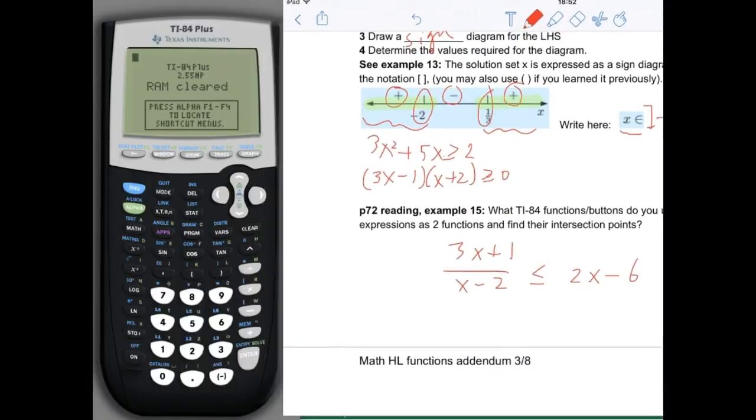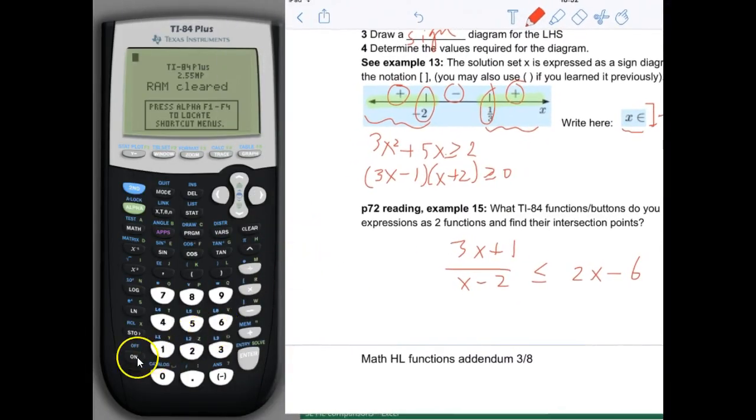The way you're going to do that is you are going to simply type each one of these commands into the y equals screen. So in the y equals screen, on the left side, I'm going to put it in y1, so be careful. I think that there's two ways to do this. One is to put it in parentheses. So I need to put left parenthesis 3x plus 1, right parenthesis, divided by, left parenthesis x minus 2, right parenthesis.